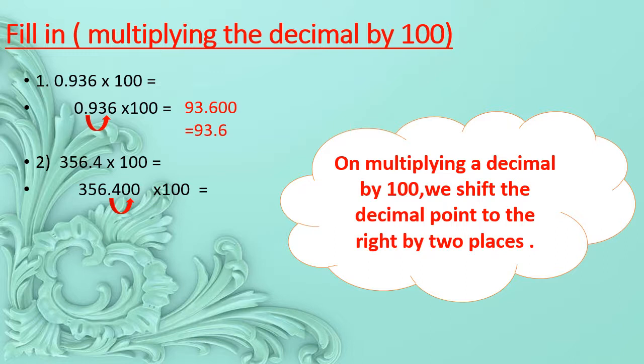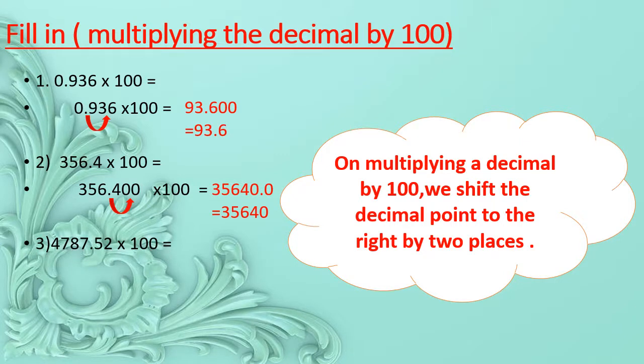We are not having any digit there, so we can put 2 zeros there to make it equivalent. Now the decimal point is shifted and it will be placed after the 2 zeros. After multiplying it by 100, what we are going to have is 35,640. This will be our answer to this question.